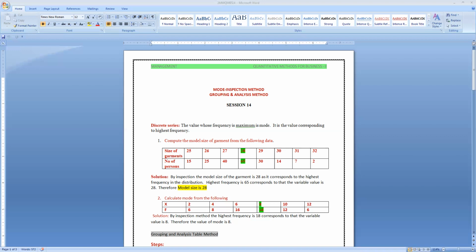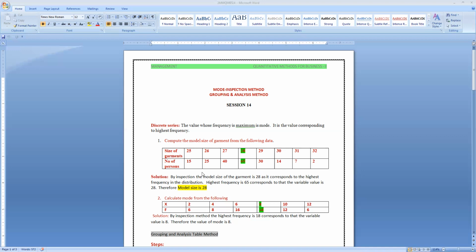Let us see the first question given here. Compute the modal size of garment from the following data. They have given both the size of garments and the number of persons. The size of garments are the variables, that is 25, 26, 27, 28, 29, 30, 31 and 32, and the number of persons are 15, 25, 40, 65, 30, 14, 7 and 2.